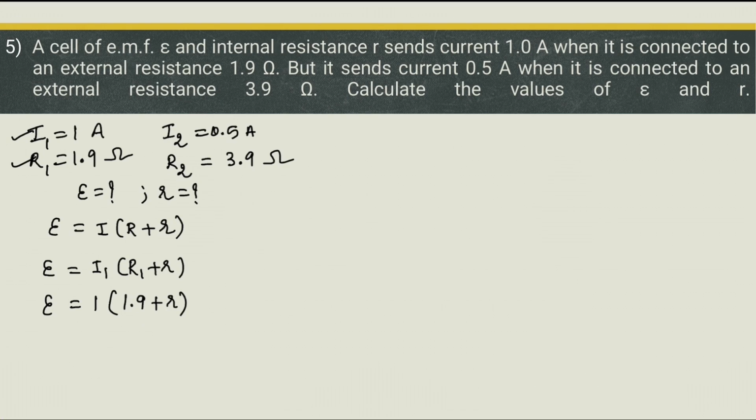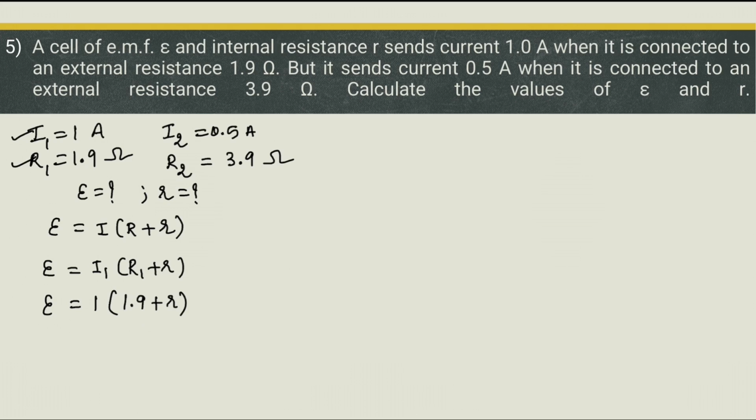Now you see that for this equation there are two unknowns, and using just one equation we can't find two unknowns, right? That is why the second pair of information for current and resistance is given, so that we can form a similar second equation, and then use the simultaneous equation method to solve this numerical.